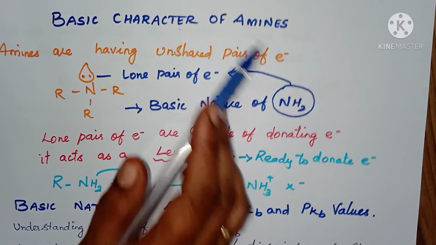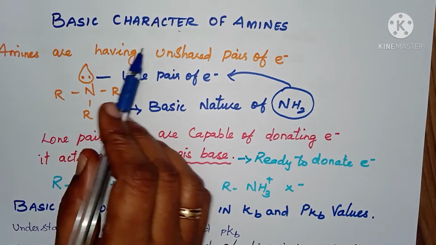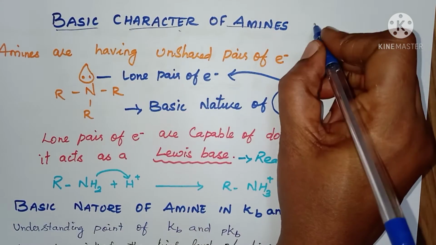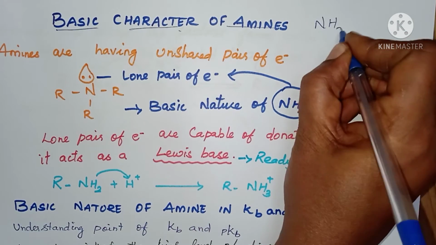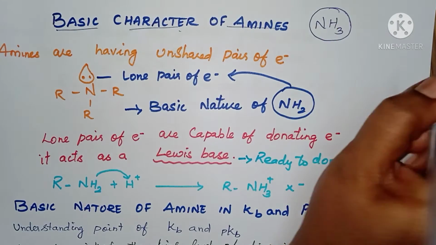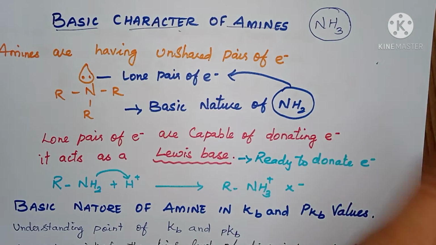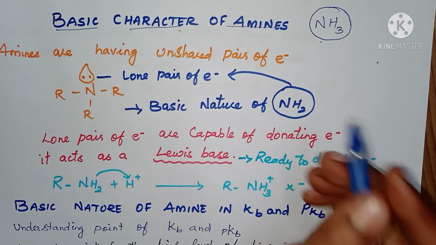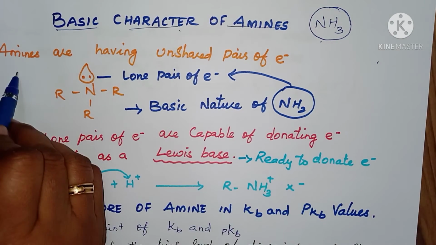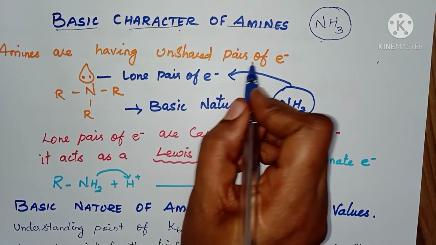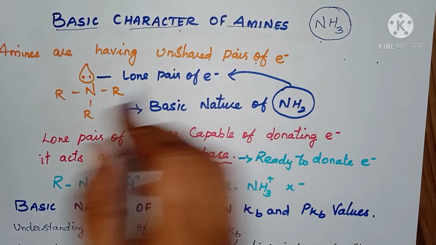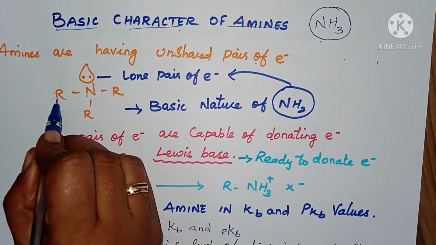Basic character of amines. When we talk about the basic character of amines, they are derived from ammonia, and ammonia is a basic compound, so naturally amines have basic character. Amines have an unshared pair of electrons on the nitrogen.